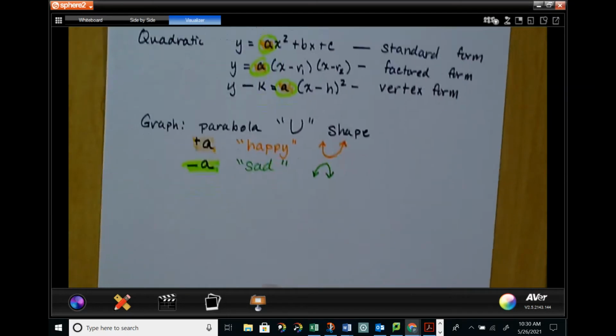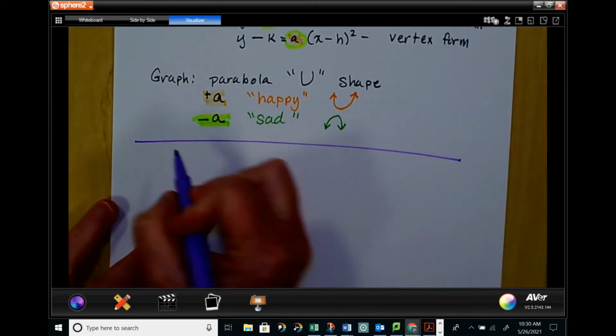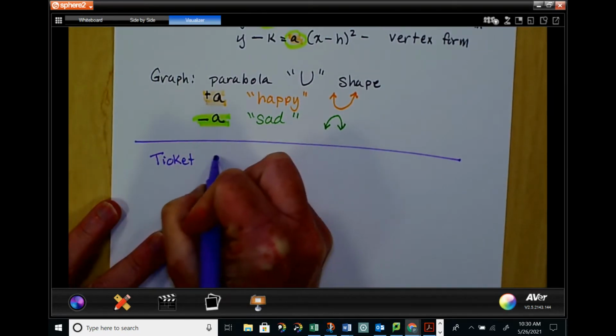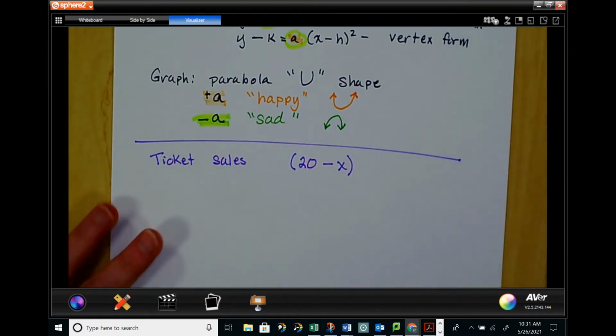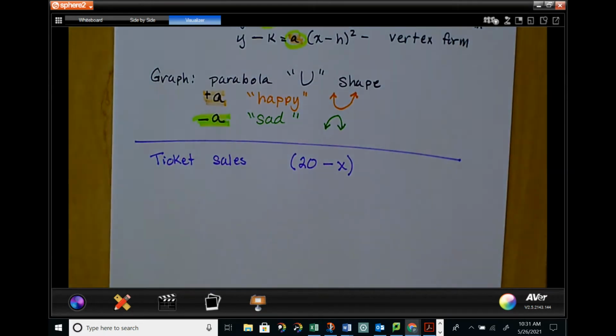When we're studying finances, we're going to take that supply and demand information and put those things together. When we're looking at your ticket sales, you're going to have 20 minus x, and that's going to be your sales.